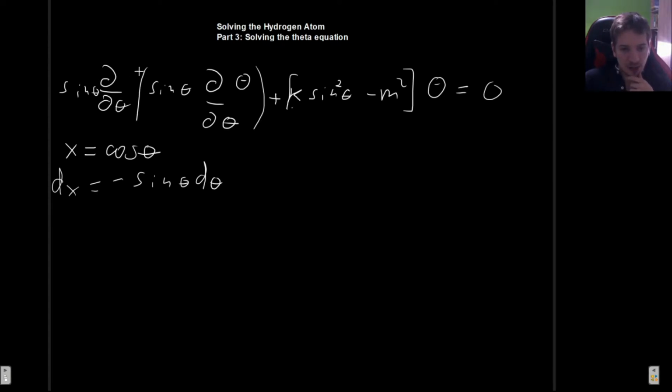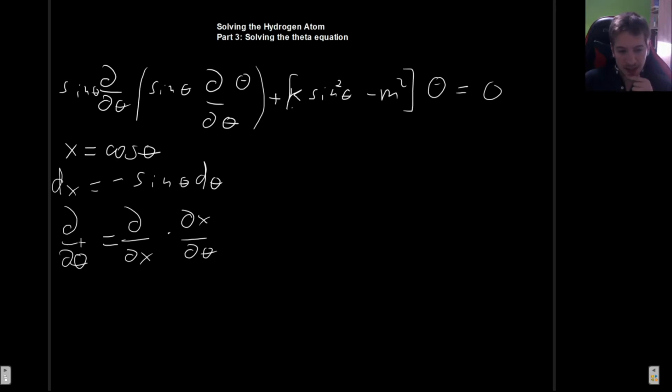So let's now take a look at it. We now want to write all of this in terms of our new variable, and please don't confuse this x with just the coordinate x in xyz. This is just some random variable x, to solve this more easily. So what can we do here? Well, let's see. What is this d by d theta? If we apply the chain rule here, we can write this as d by dx times dx d theta.